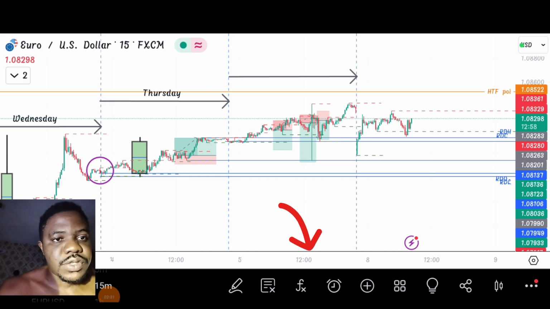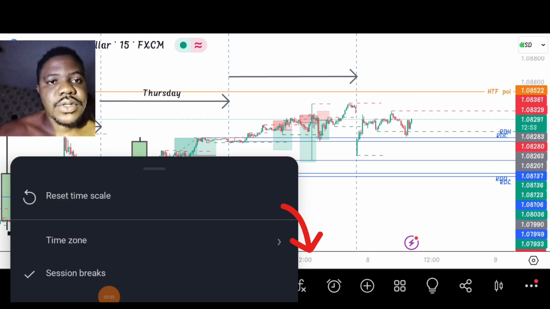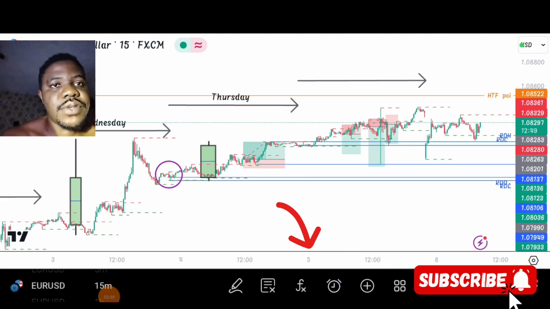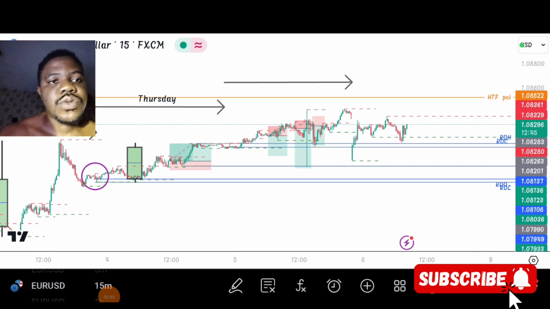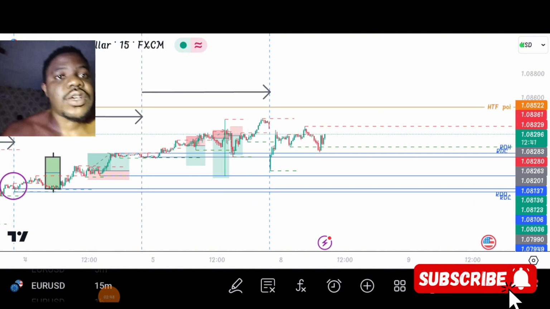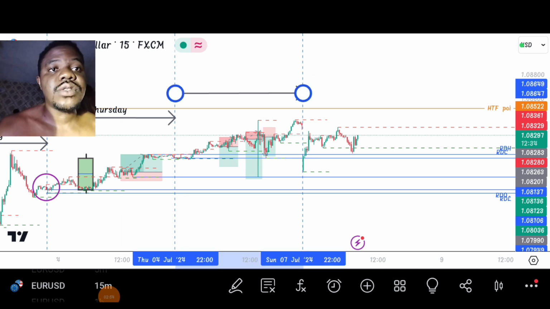Just click and hold, and this is what is going to pop up on your screen. You're going to see session breaks. If I turn off the session breaks, you see how empty my screen is. So you want to have your session breaks on your screen, so it gives you a narrative of what price is doing. This is the easiest way to do analysis, guys.